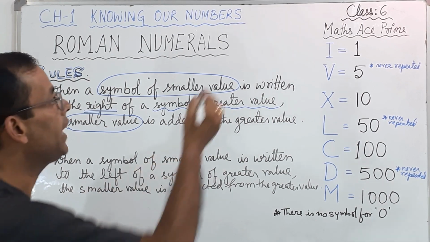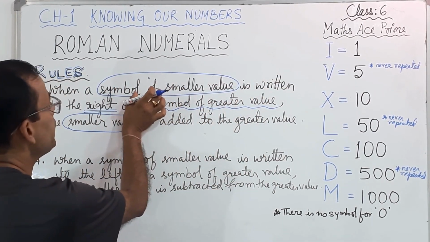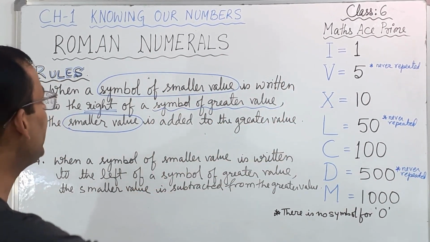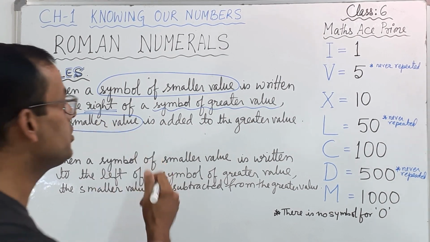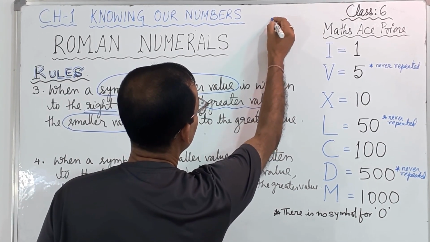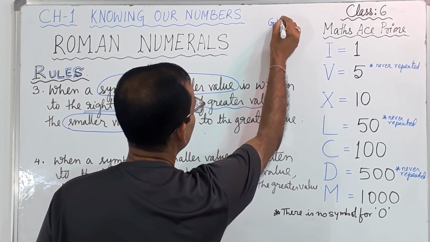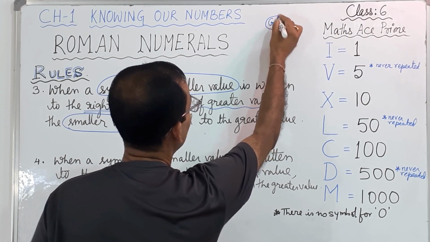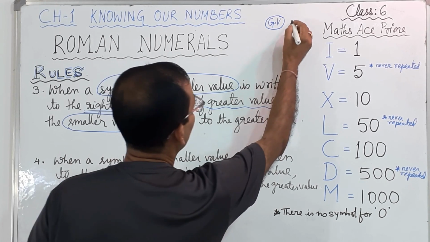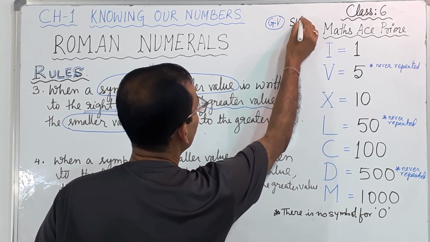That means first you put a smaller value symbol on the right side of the greater value symbol. I will write here the greater value, and then one smaller value symbol.